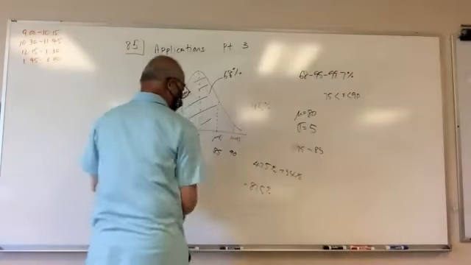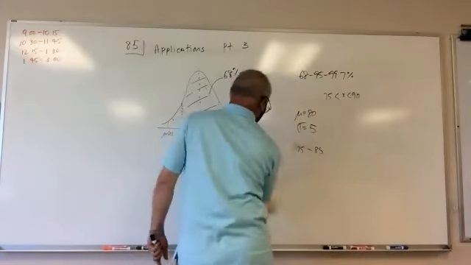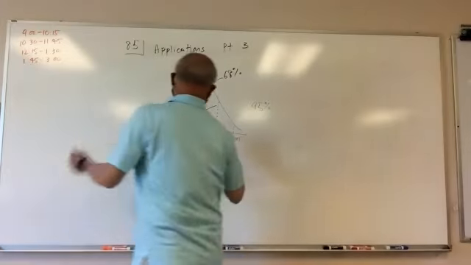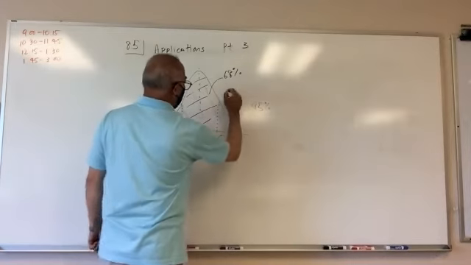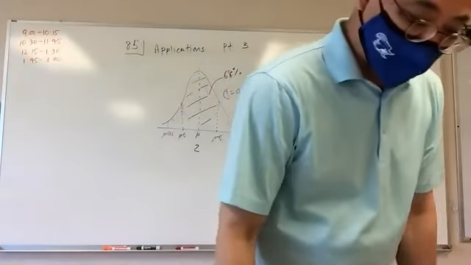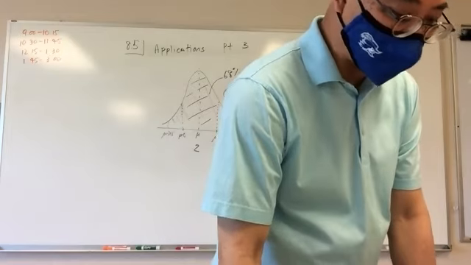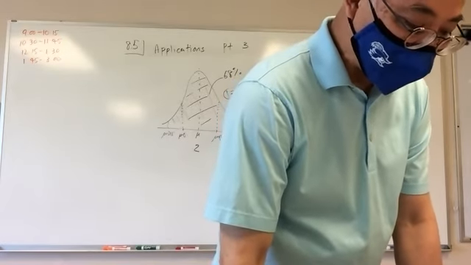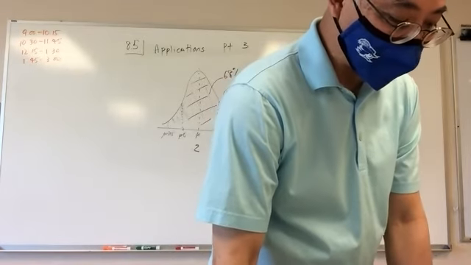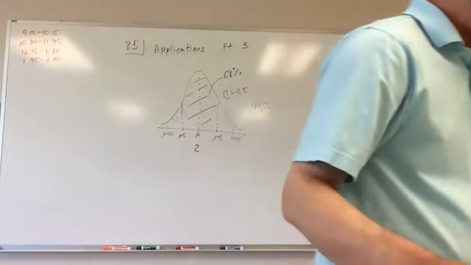So on this one, the average was 2, and sigma was 0.5. 68% of the calls are answered in 1.5 to 2.5 minutes. And 99.7% of the calls are answered between 0.5 and 3.5 minutes. Assume that the time to answer calls is normally distributed.